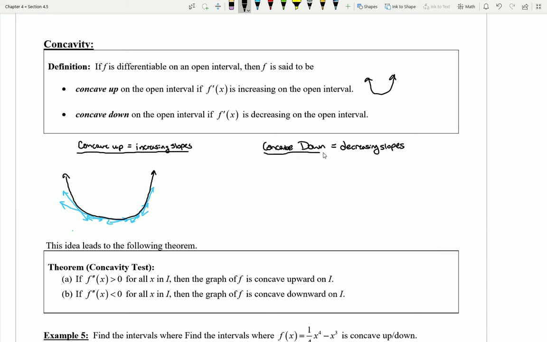So that would mean that I would need to have tangent lines that keep getting slopes that are smaller and smaller and smaller. So maybe I start with the tangent line that looks like this, but then the tangent line slope has to decrease. It's got to be less steep, and then maybe even less steep, and then maybe even a little bit of negative steepness, if you will. And then it's got to keep getting more and more negative slope. Well, then if I think again about what the graph of something like this would look like, my tangent lines would be modeling the shape of a graph that does something like this.